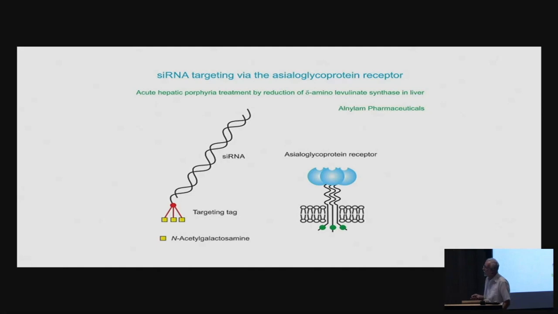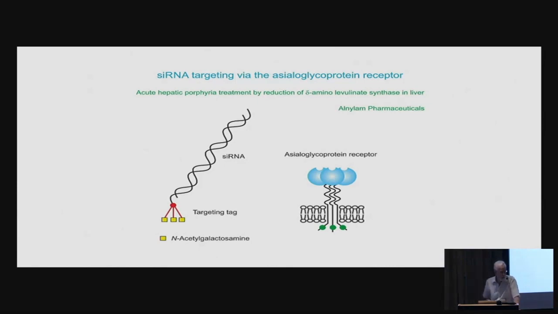They have a whole pipeline of drugs, several of which are actually in the clinic now, not just in clinical trials, but are approved, where they target a particular siRNA, in this case for acute hepatic porphyria, which involves, in all cases, shutting down overproduction of something in the liver.